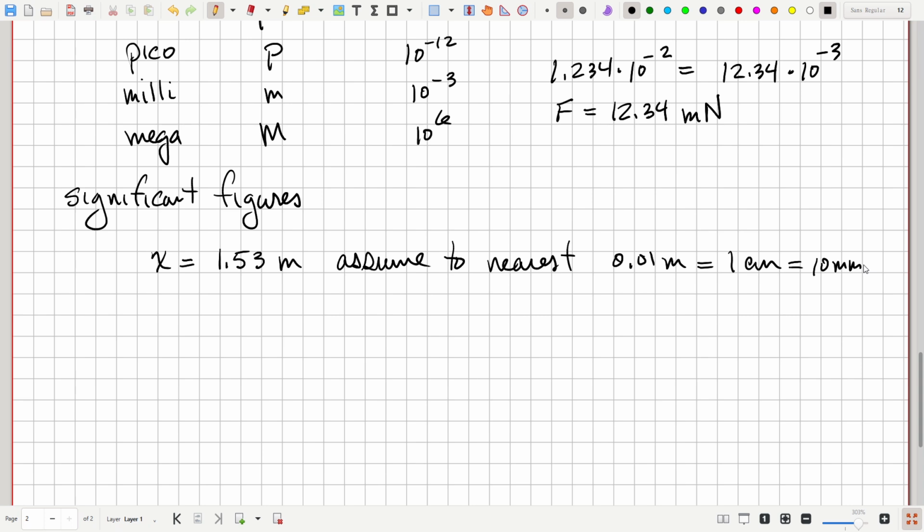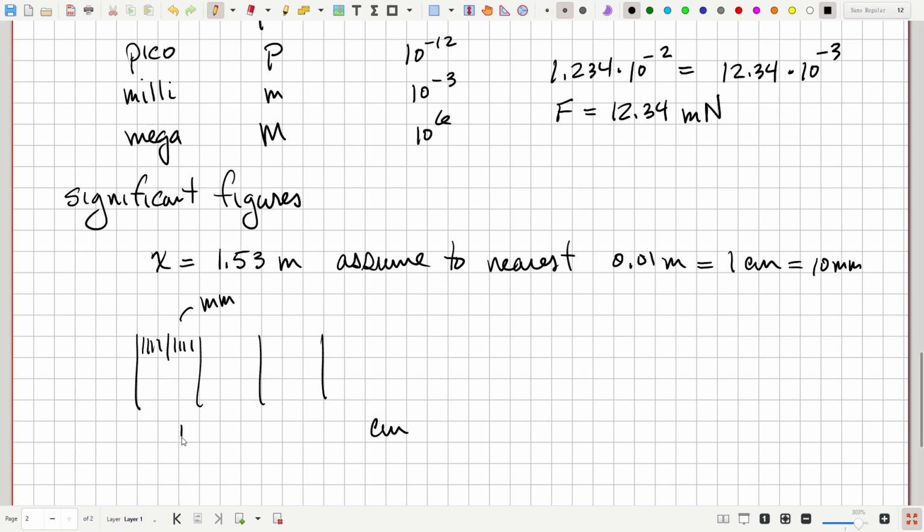Now maybe we have a tape measure, and it has centimeter readings, and in between we've got millimeter markings. And let's say, 1.53, that would be 153 centimeters.